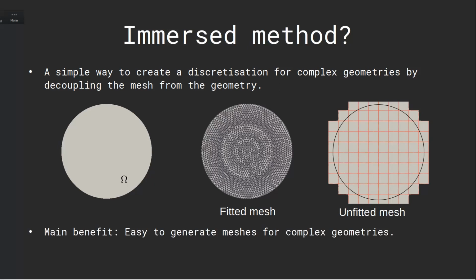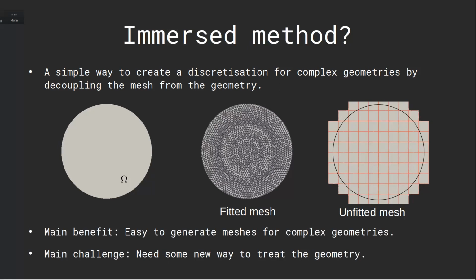So the main benefit with immersed methods is that it's easy to generate meshes for complex geometries. It's pretty much automatic, and it's pretty efficient and quick. The drawback, like I said, is that we need some new way of representing or respecting the geometry.